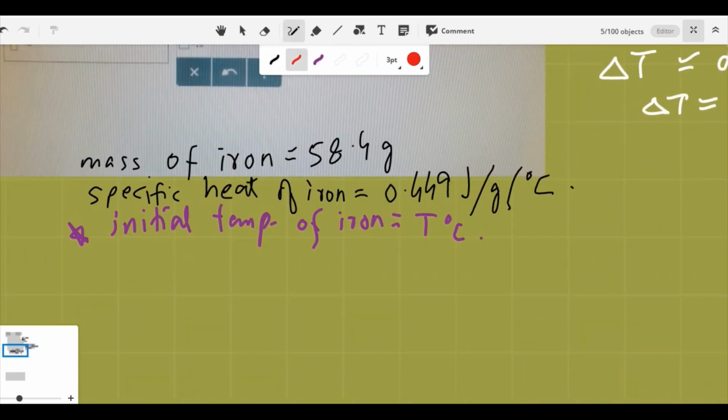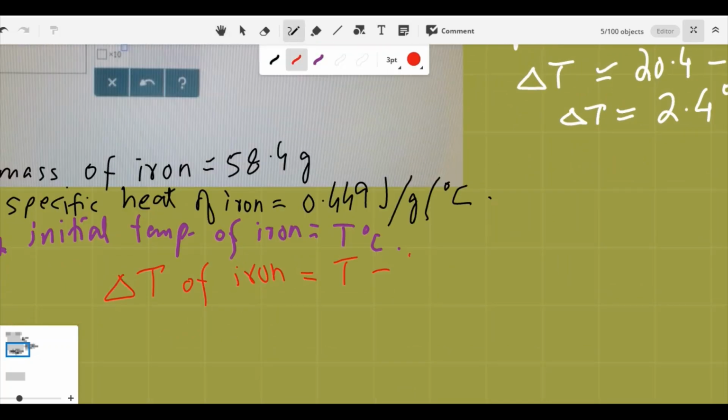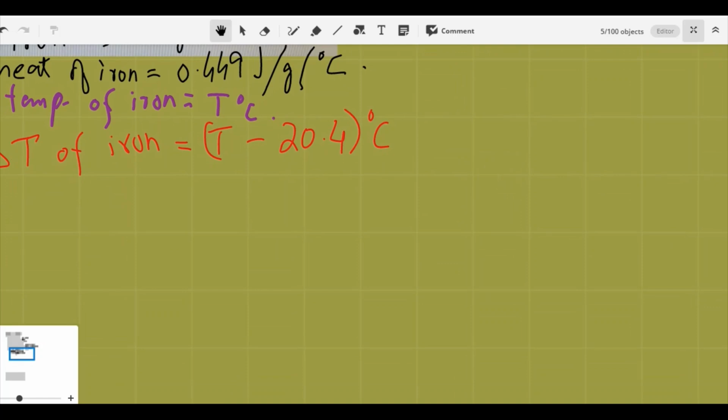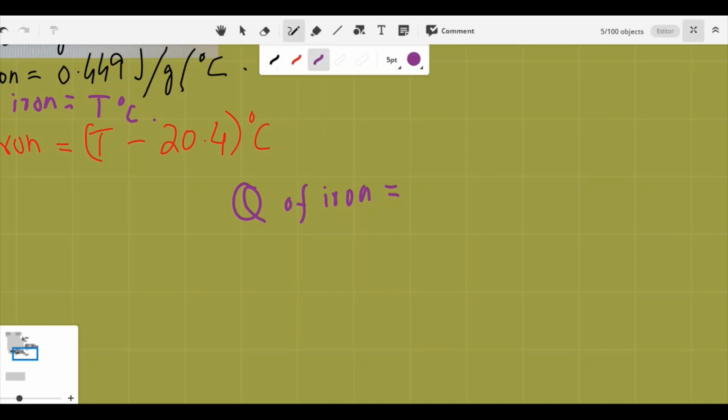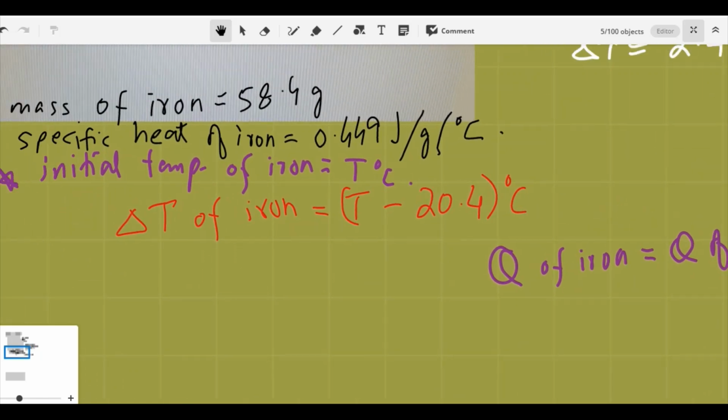The change in temperature of iron will be equal to the initial temperature, which we said is T, minus the final temperature, 20.4, in degrees Celsius. Now, as we know, the heat of the iron, Q of iron, is equal to Q of water, because there are two samples present and we are comparing iron and water.